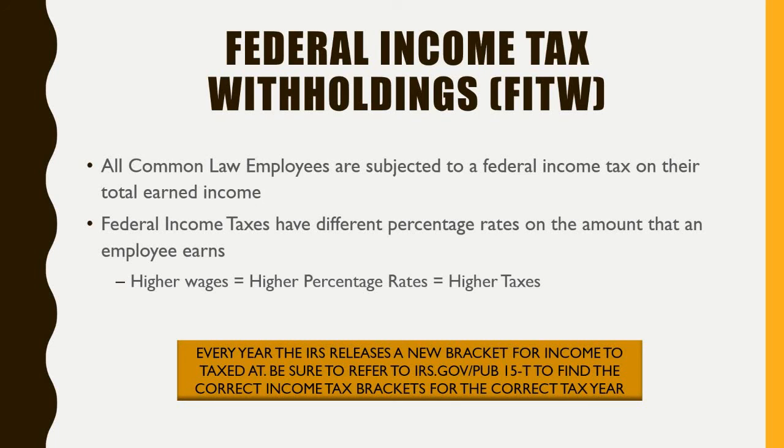Okay. All right. So coming back to this. Now we're going to talk about the 3 things that are going to be considered something that you must tax your employees for. And the first one's going to be your federal income tax withholdings. Okay. Also known as FITW. Every person who's an employee is subject to pay for this.